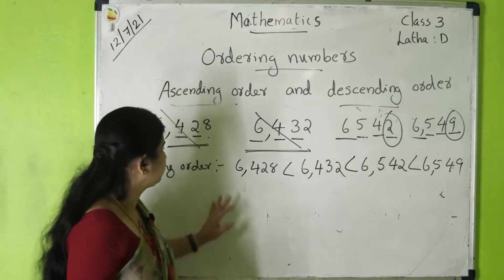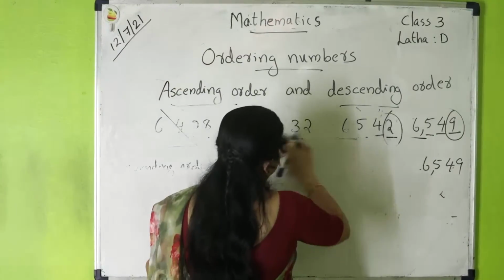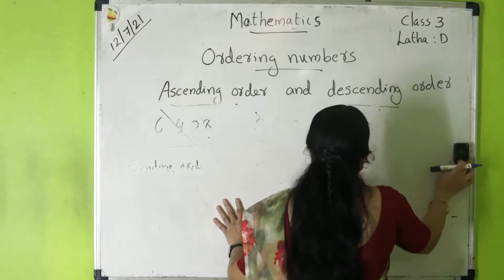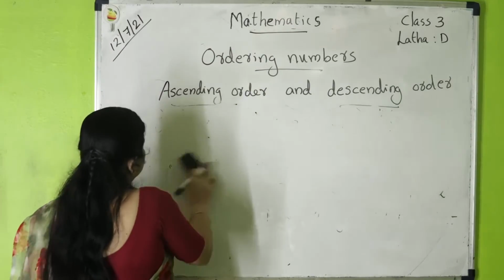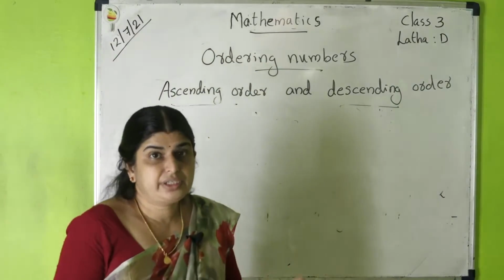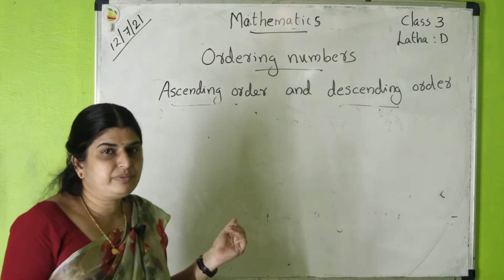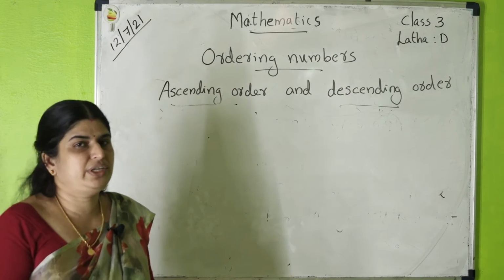Then descending order. Descending order means arranging numbers from greatest to smallest.